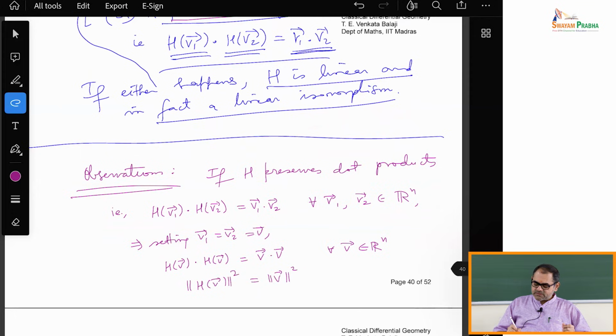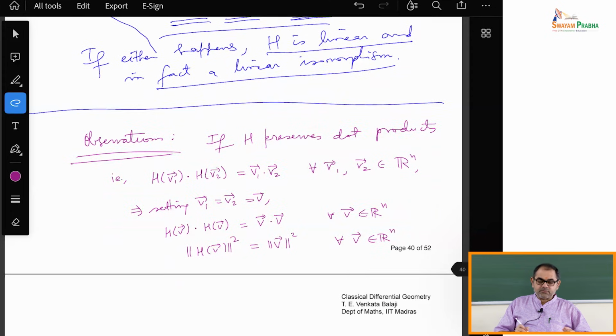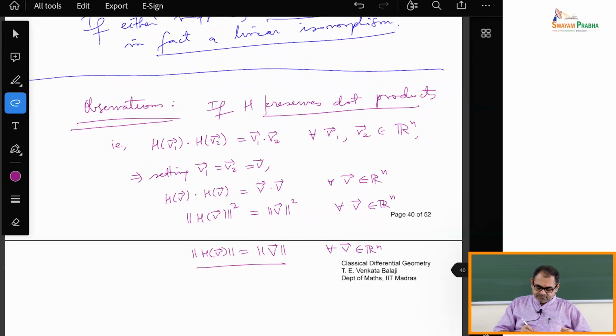This happens for every V in Rn, and you can take the square root because the norm is non-negative, so you will get norm HV equal to norm V for all V in Rn. So if H preserves dot products, then H preserves norms.